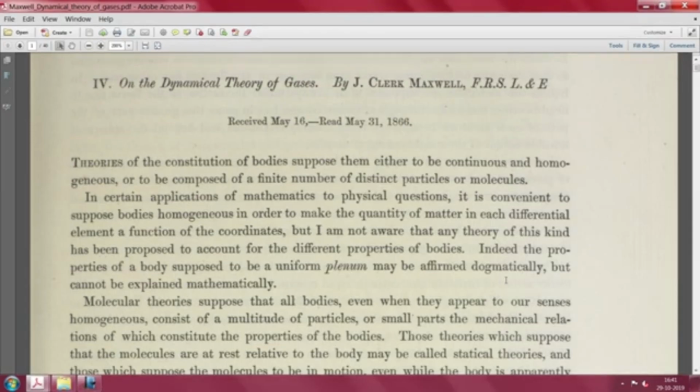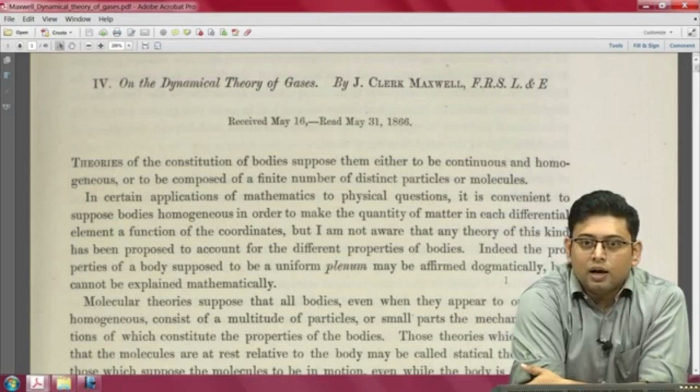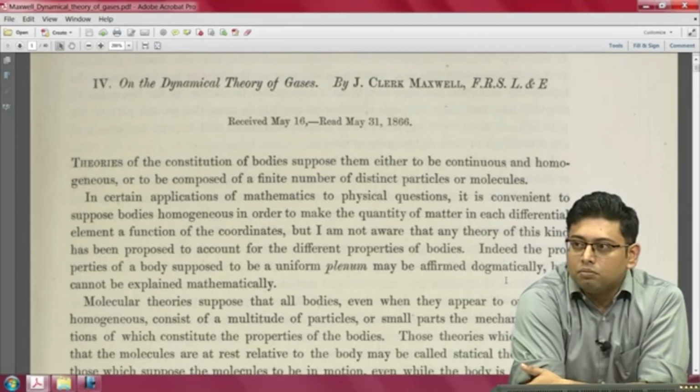This is 1866, before we had been able to image an atom and conclusively prove that materials exist as atoms and molecules. This is predating that time, but there were people who had guessed that material is made out of small particles.